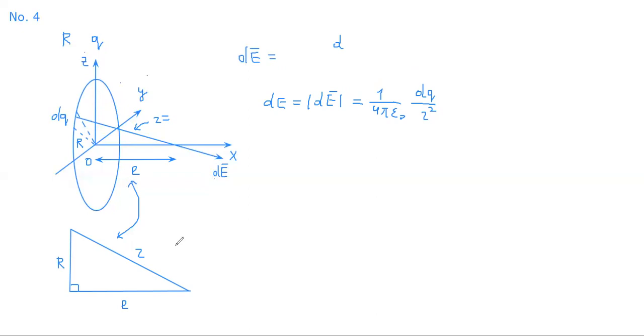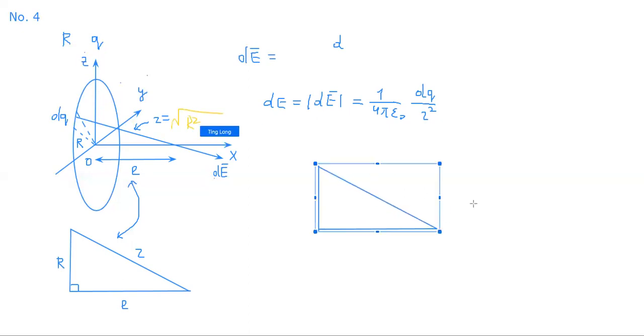How to find little r from big R and L? So let's remember the connection between sides of the right triangle. I'll draw. Oh yes. Okay.